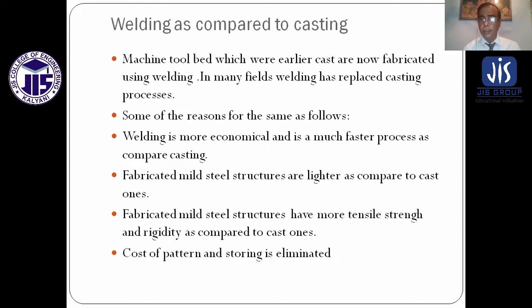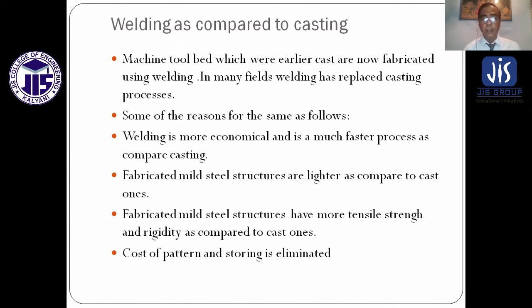Welding as compared to casting. Machine tool beds which were earlier cast are now fabricated using welding. In many fields, welding has replaced casting processes. Some of the reasons are as follows. Welding is more economical and is a much faster process as compared to casting.